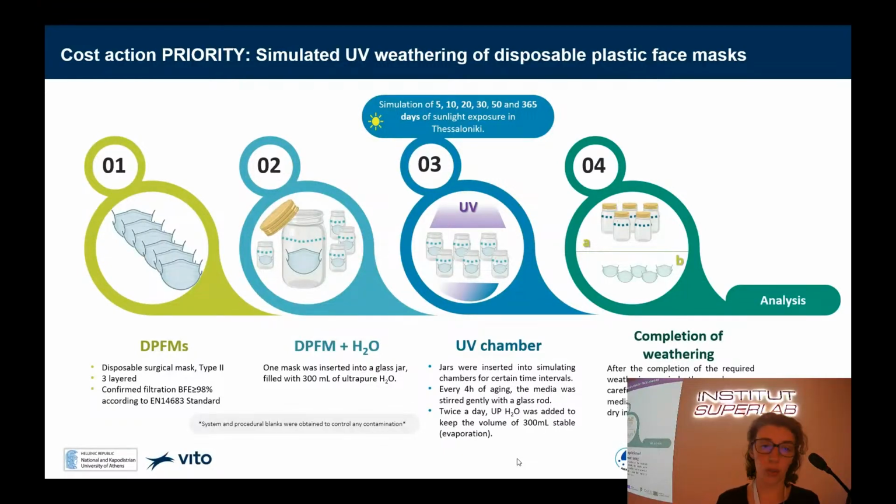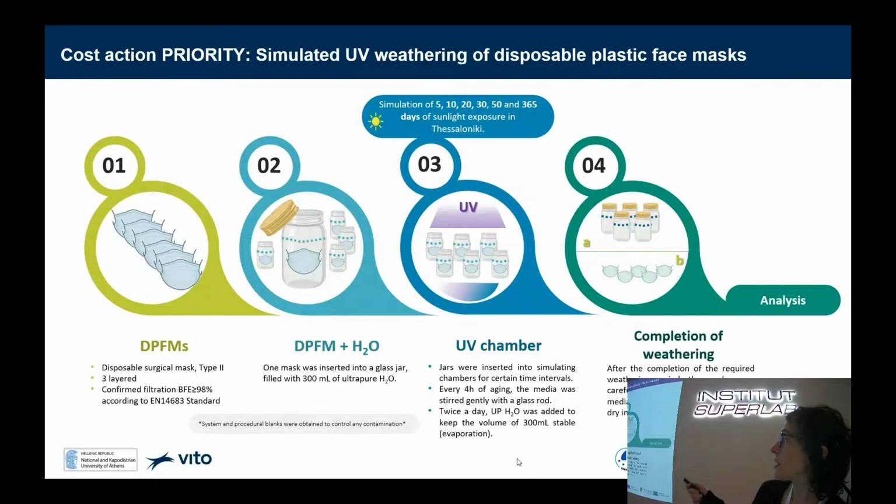We had a student who did a simulated UV weathering of disposable plastic face masks, and then after simulation of 5, 10, 20, 30, 50, and 1 year of sunlight exposure in Thessaloniki, we tried to analyze samples, the leachates, and also the masks after the degradation.